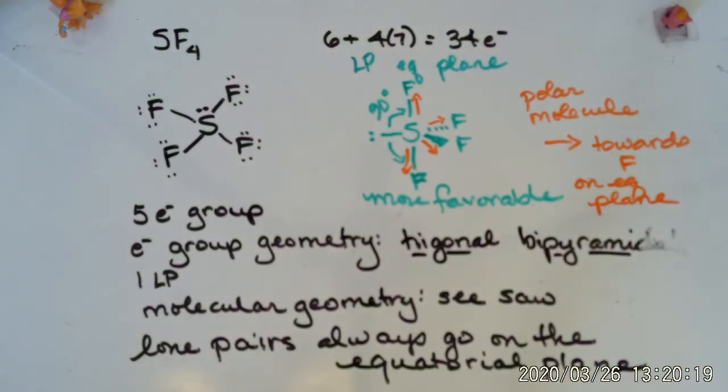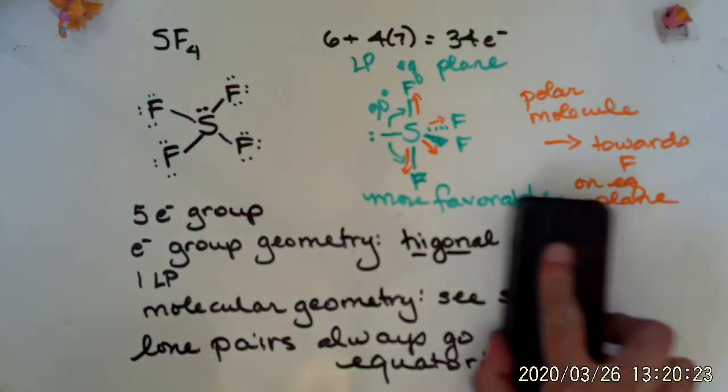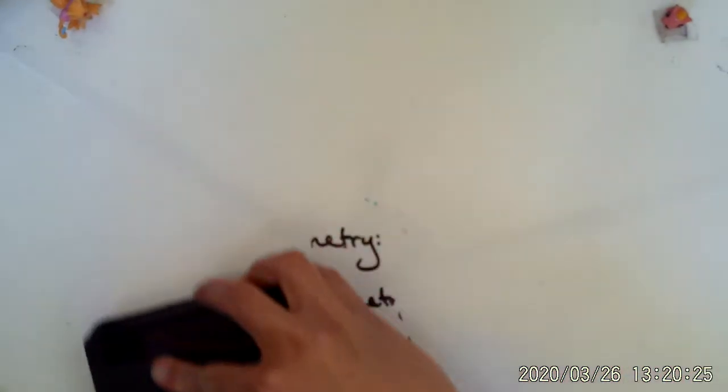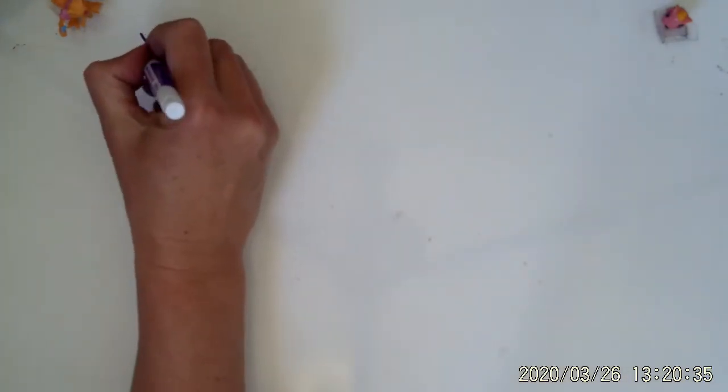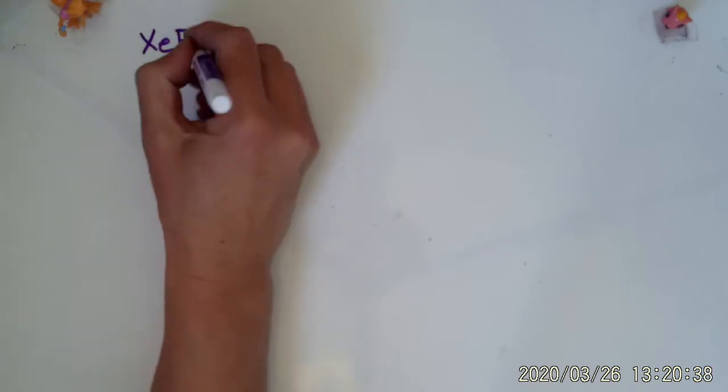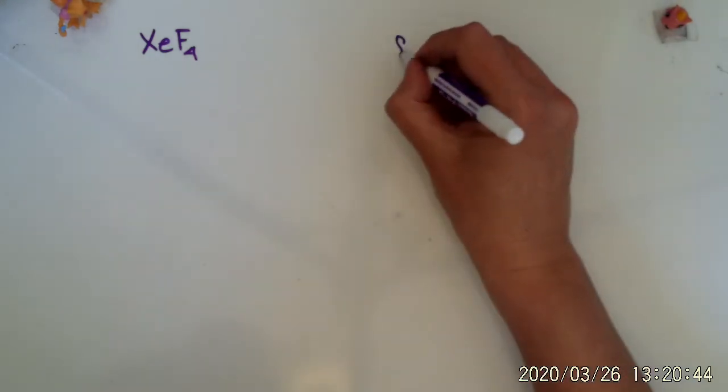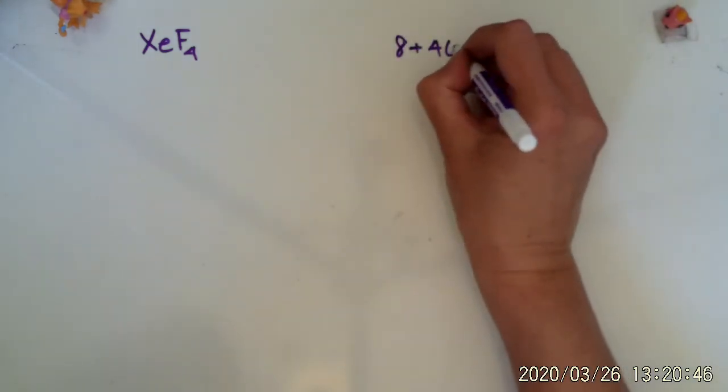Okay, all right, let's give one more as an octahedral. Okay, so let's do xenon tetrafluoride. Okay, I have 8 plus 4 times 7.